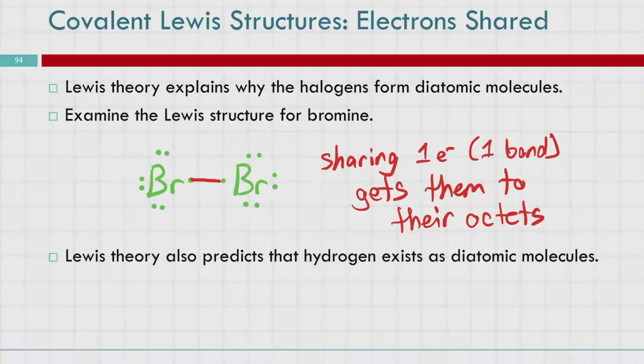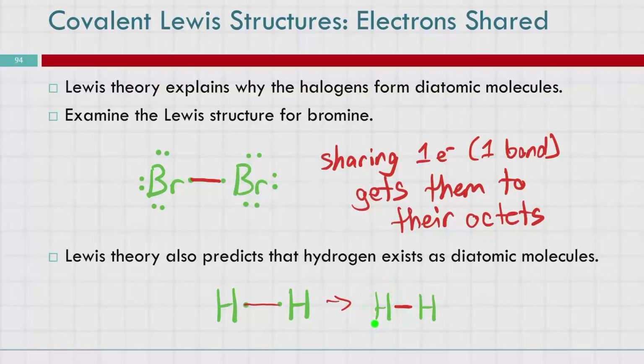It also predicts that hydrogen exists as diatomic molecules. So thinking along the same lines, hydrogen has 1 valence electron, 1 electron. It can also form a bond. So hydrogen bonded to another hydrogen with the line. Again, the line is 2 electrons.